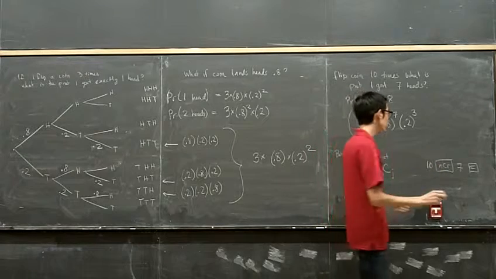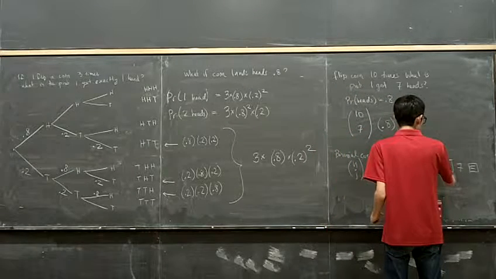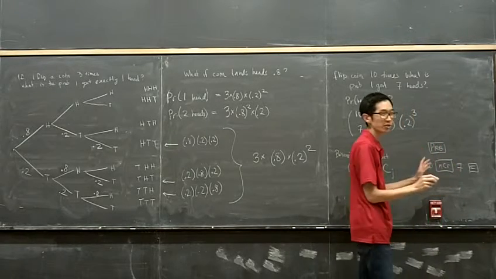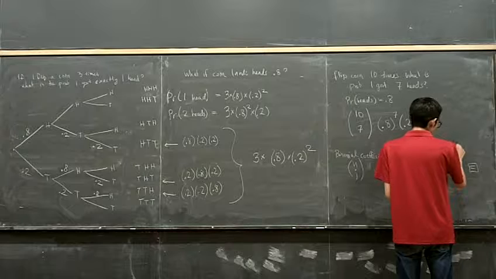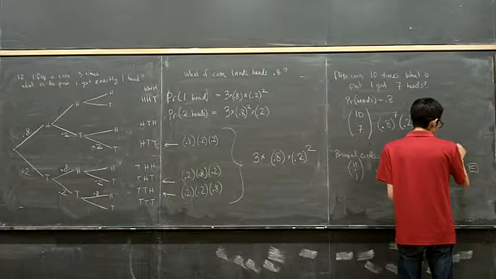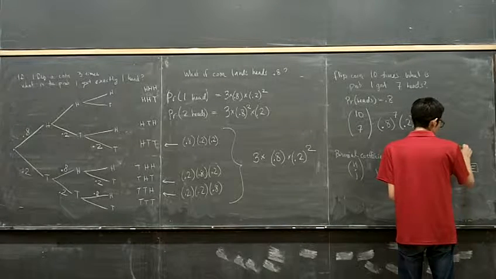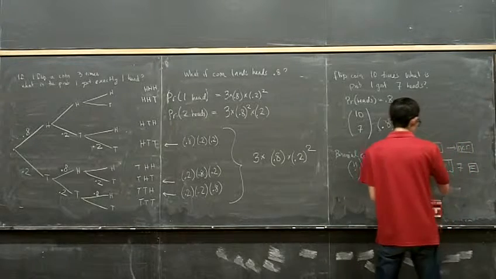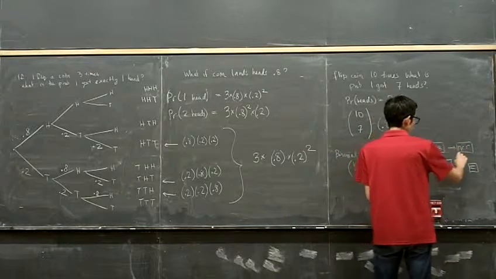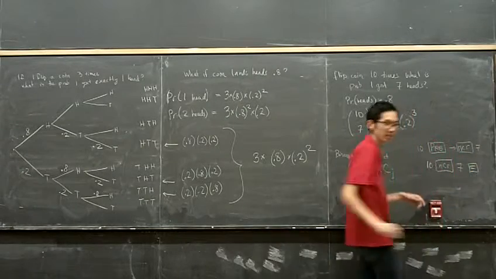If you don't have that, maybe you have a PRB button for probability, or maybe there's a math button, and then you use the arrow keys and pick the nCr command. And then you're going to do 10 and then nCr 7.